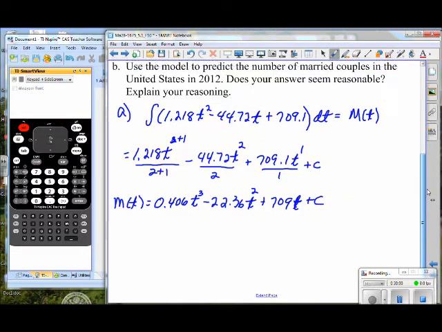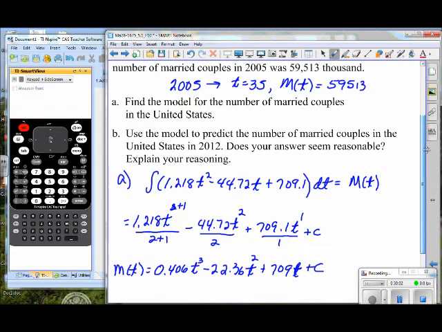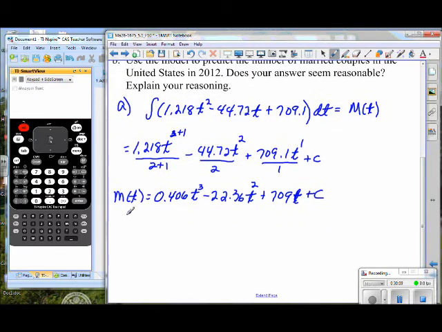Now we're going to use the information we're given, that when the input is 35, the output is 59,513. So m of 35 equals 59,513. And so that will be with our putting 35 into our existing problem.